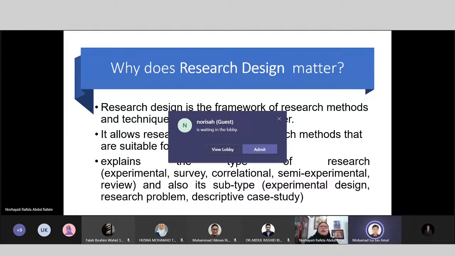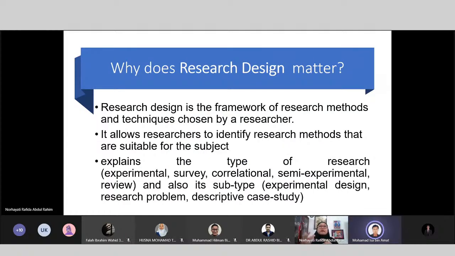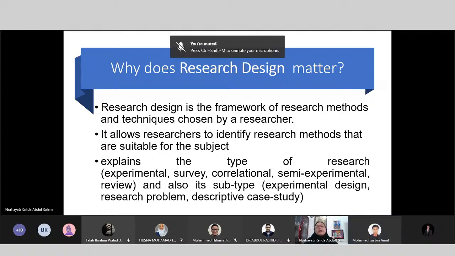So what methods or techniques to use, you must refer to the previous research, your literature reviews. Your literature review does not only include the discussions or arguments about the subject matter, but you must also look at the methods they use in their research.